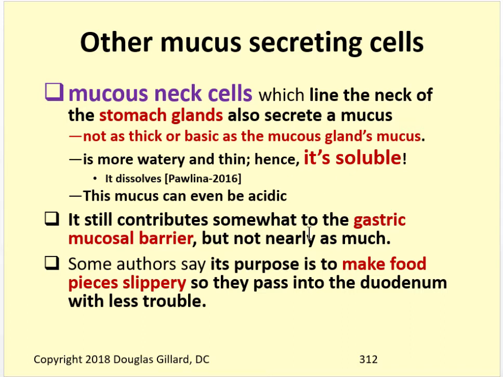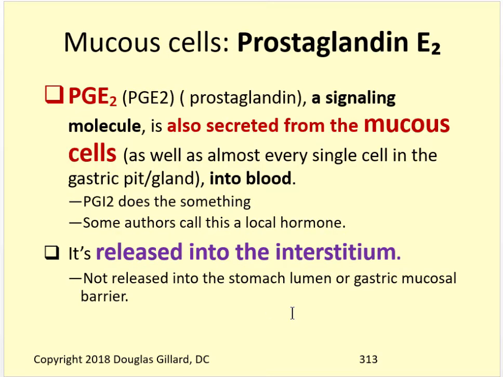It still helps the gastric mucosal barrier, but not nearly as much. Now, authors aren't unanimous on this, but some authors have said that this thinner mucus wraps itself around food and makes it slippery, so it can pass and be ground up a little bit. So it coats foods, according to some authors.